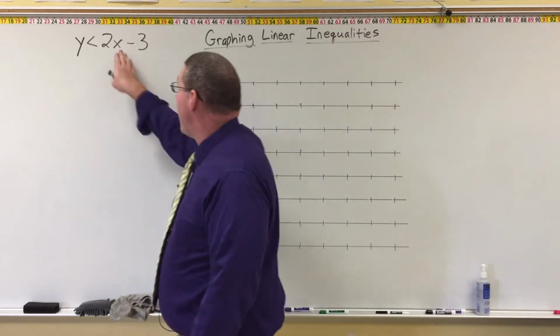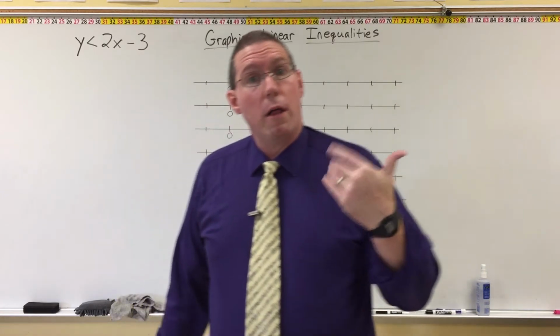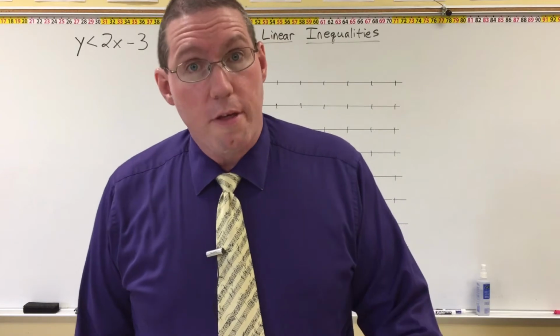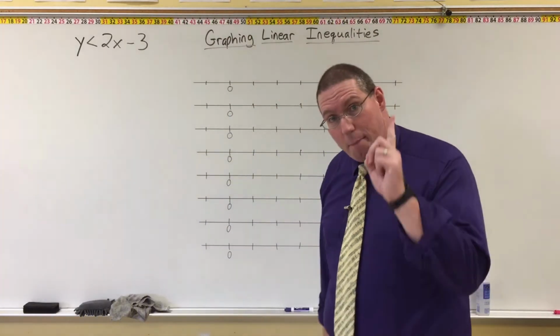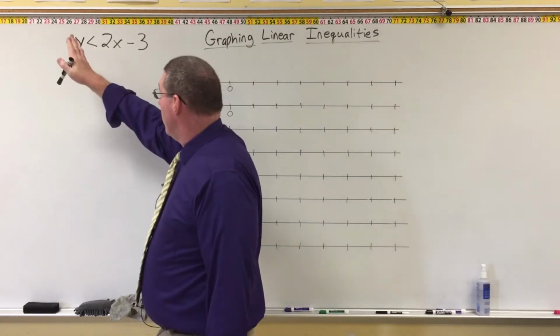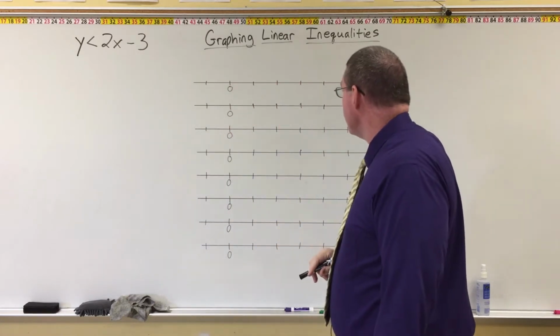If the linear inequality you're dealing with is not already in that form, you should put it in that form first. So step one is put your inequality into slope-intercept form.